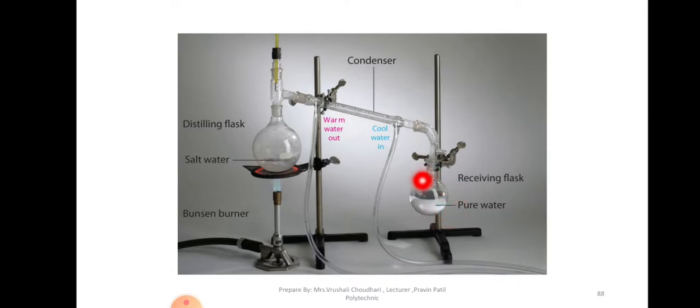So whatever water is collected here is pure water, as it has a lower boiling point, while salt has a higher boiling point and remains in the flask, while the water is converted into vapors and collected in the other assembly.